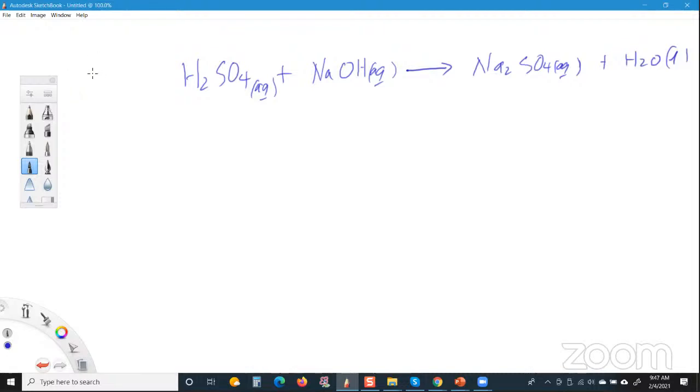So the first thing you need to do is balance this equation. So how would we balance this molecular equation? Anybody? You need a 2 in front of sodium hydroxide on the left side. Okay, so a 2 here.